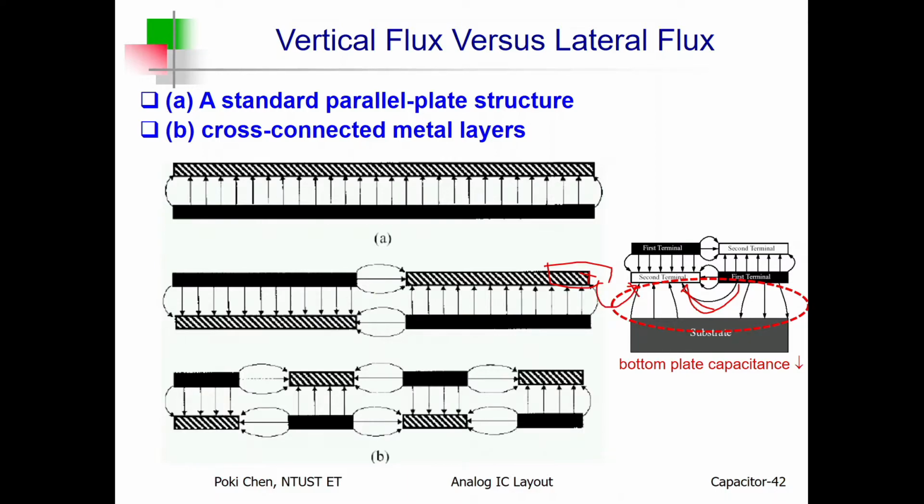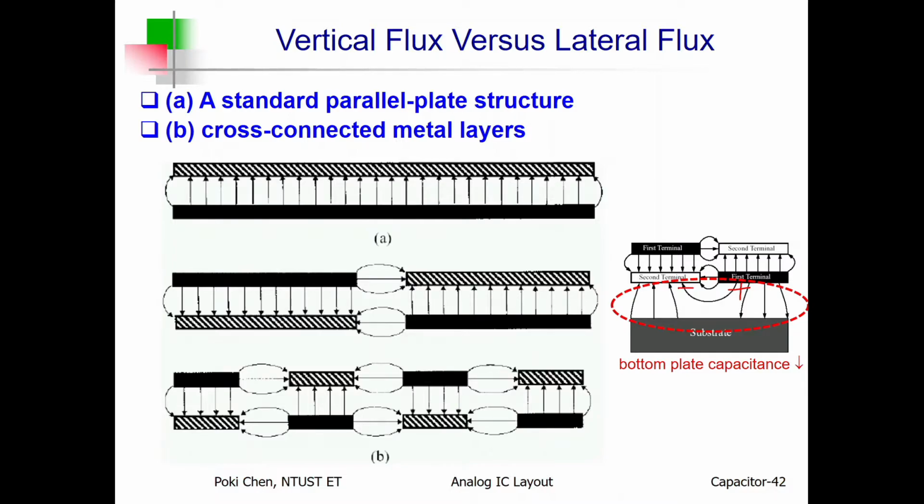Okay, so in this way, if you reduce the width very much, I promise you the vertical flux in the middle will be reduced almost to 0. So it means that to the end, all the flux will be bended back from the positive terminal to the negative terminal.